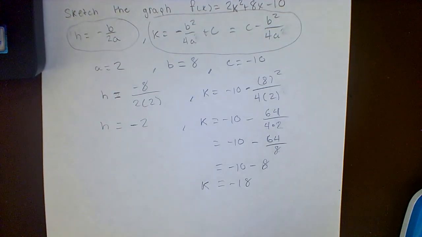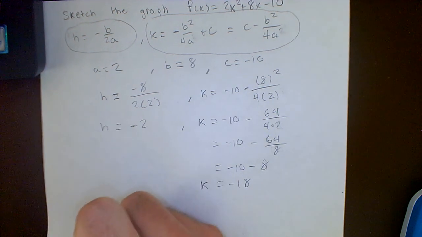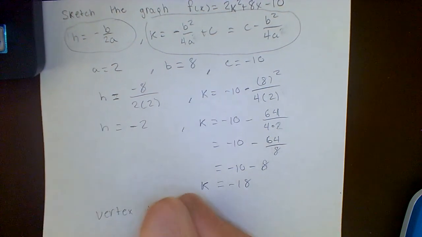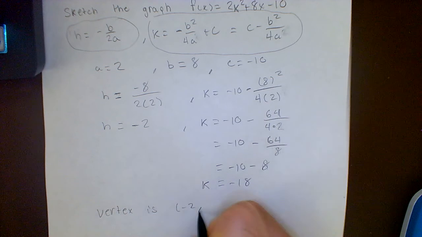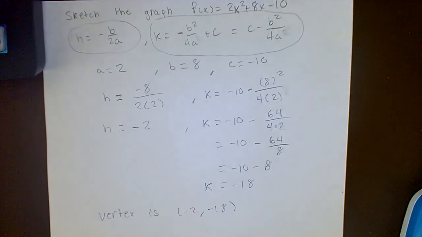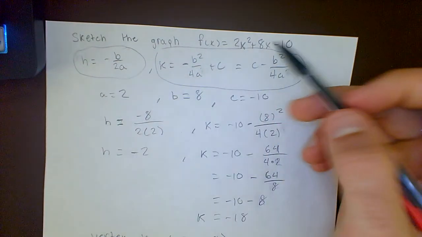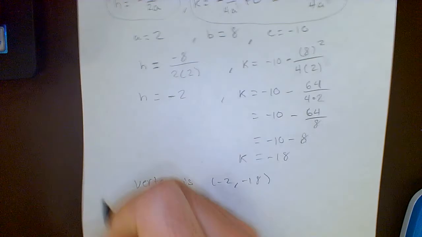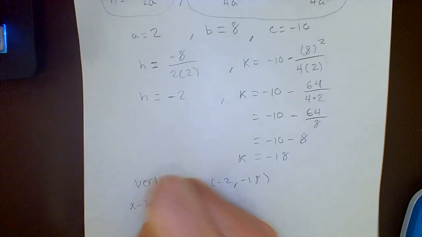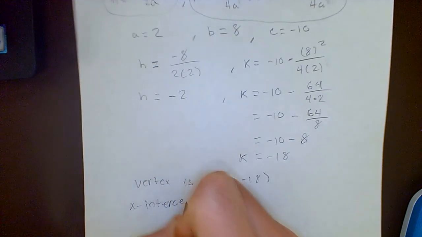So our vertex is negative 2, negative 18. If we want to graph this function, keep in mind the function is 2x squared plus 8x minus 10. We also should find x-intercepts and y-intercepts.